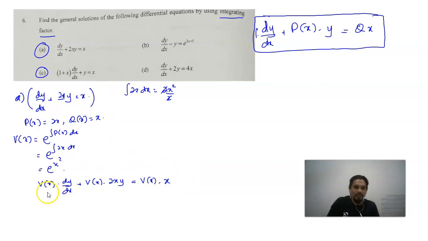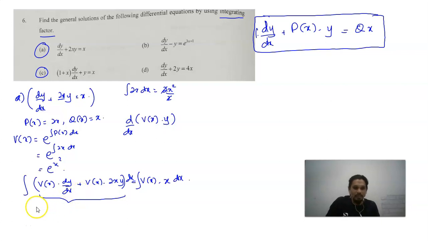Then, if we integrate everything with respect to x, the whole left-hand side is actually the result of the derivative of V(x) multiplied with y.